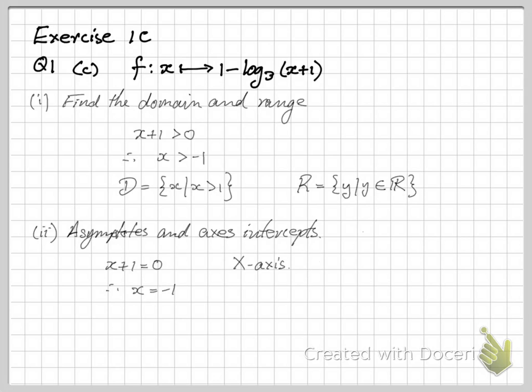So that means solving 1 minus log to base 3 of x plus 1 is equal to 0. Rearranging, that gives us the log to base 3 of x plus 1 is equal to 1. And so that means that x plus 1 is equal to 3 to the 1, and so x must be equal to 2.